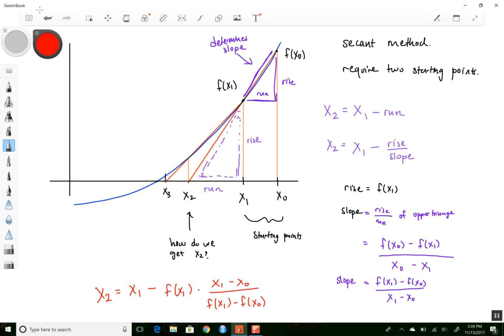Okay. And then if we just generalize this, we're going to call this x_n and x_{n-1} and so on.